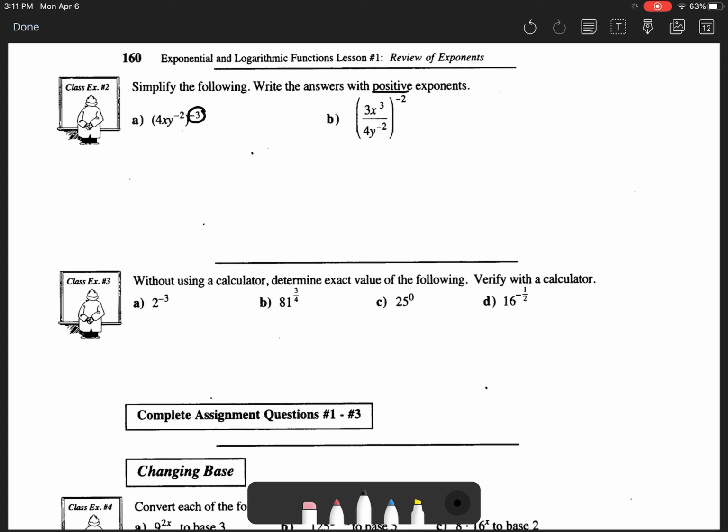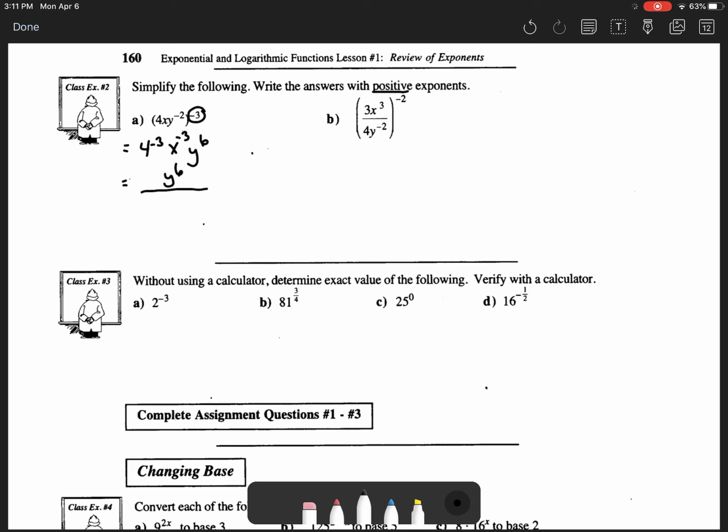In A, again, the first thing I'm going to do is attach this negative 3 exponent outside the brackets to each of the terms or expressions inside of the brackets. So what that means looks like this: 4 to the exponent of negative 3, x to the exponent of negative 3, and then this will actually be y to the exponent of positive 6. So what I will do is move anything that has a negative exponent from numerator to denominator or denominator to numerator.